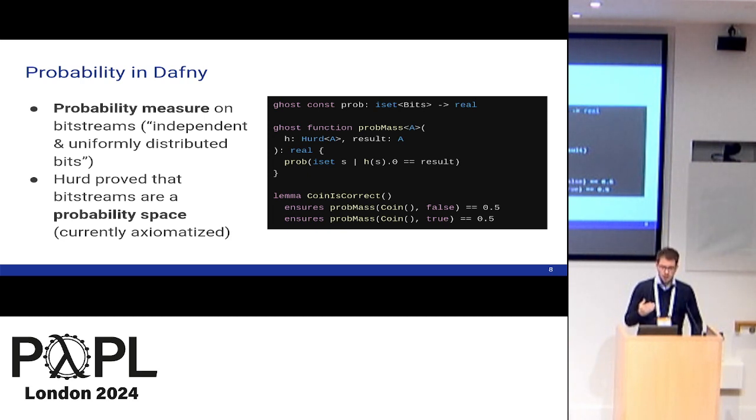In other words, it takes the probability measure of all the bit streams where the result equals the result we care about. And with this probability mass function, we can express the correctness of the coin example. So we can say that the probability mass of coin returning false is 0.5 and the probability mass of coin returning true is 0.5.